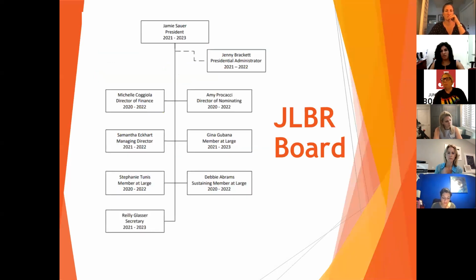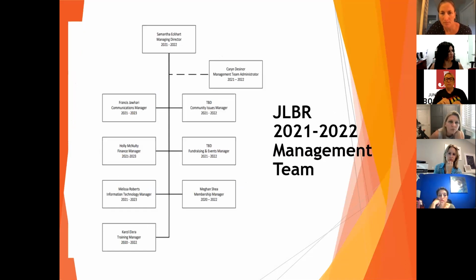So I want to go over just real quick what the board looks like. Our lovely Jamie Sauer, who you guys just met a few minutes ago, is our president. She is on the board, and everybody on here is part of the board. As you know, our Junior League is split up between the board and management. Next up is your management team.